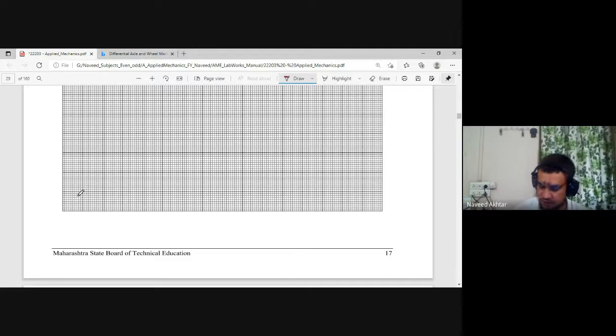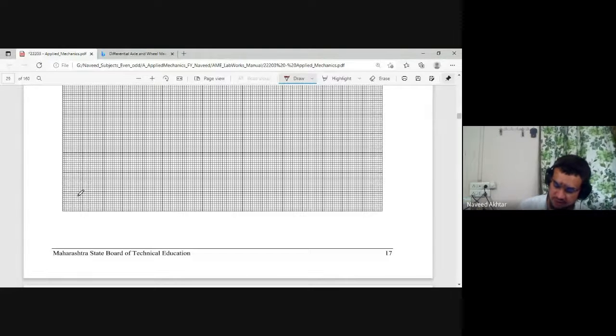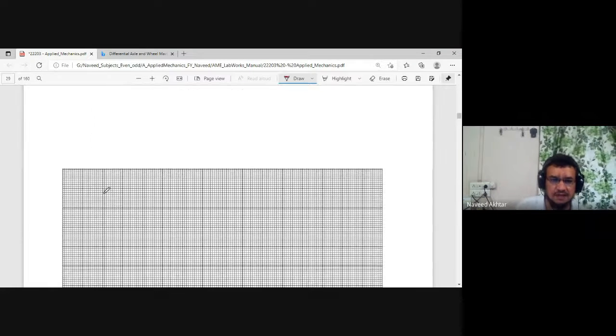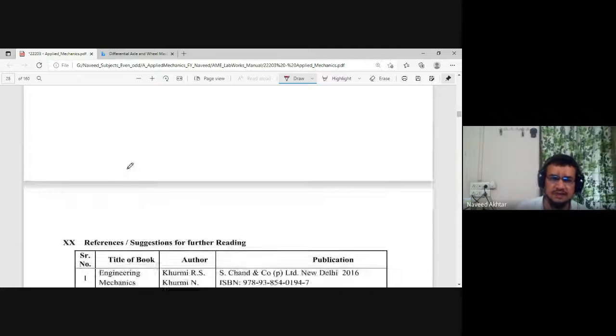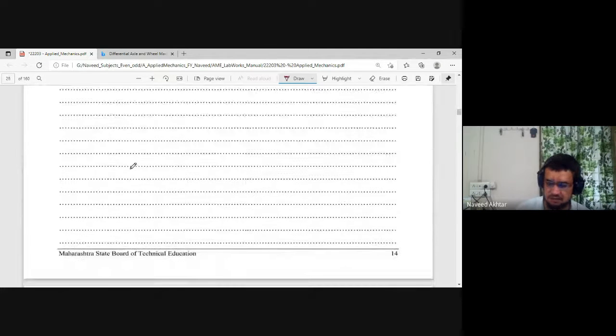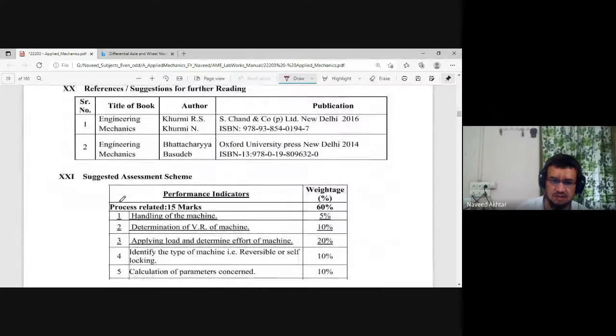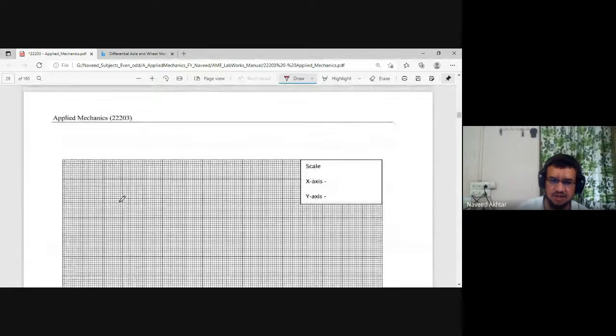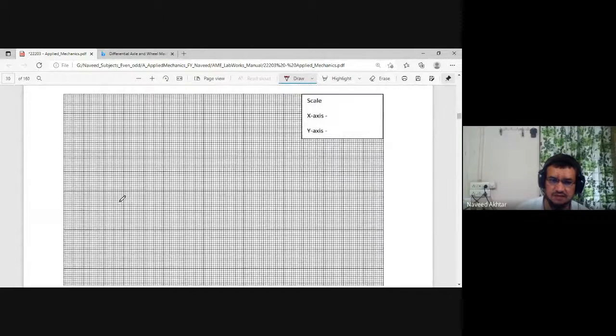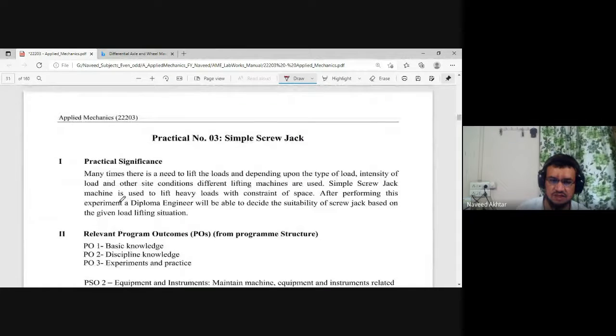These two values, m and c, you can find out from the graph, and that will be nothing but you can complete the law of machine of this machine only. So this is practical number two. You can complete the question answers also.